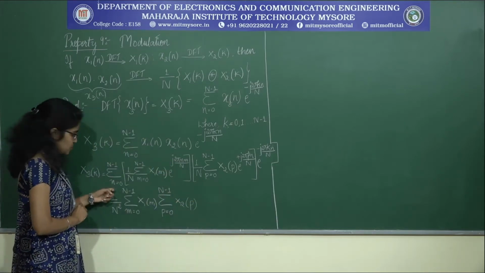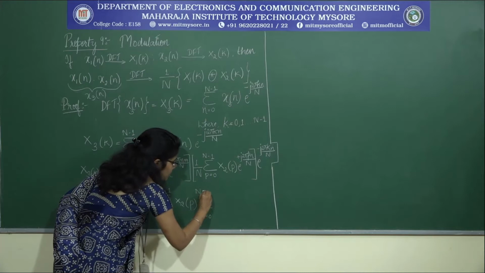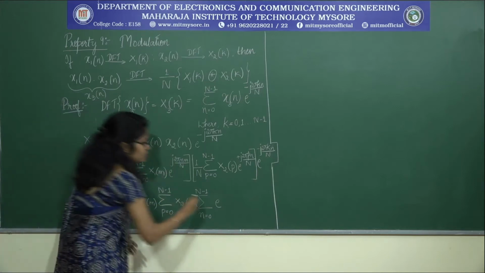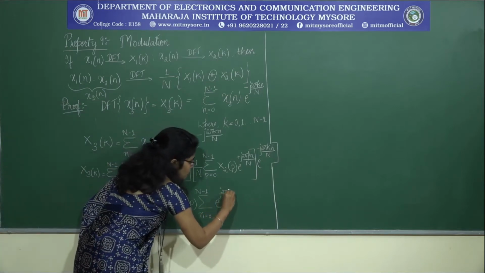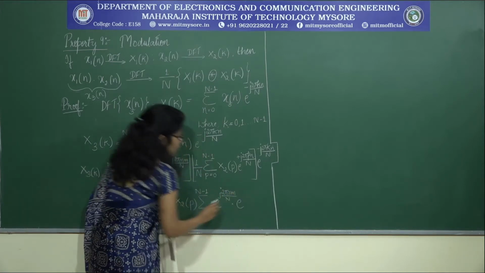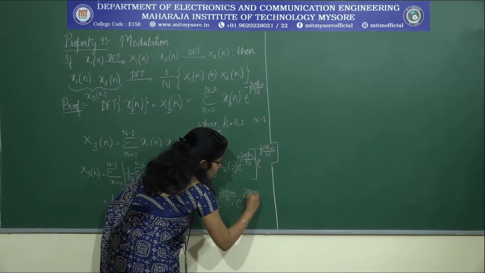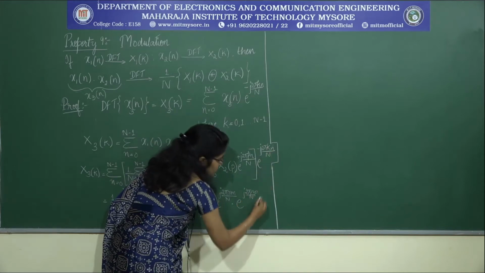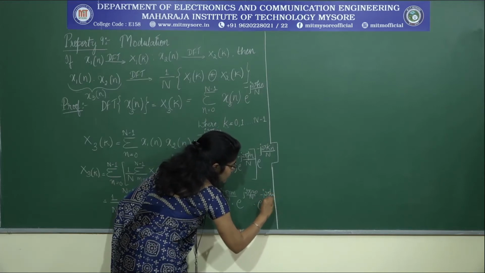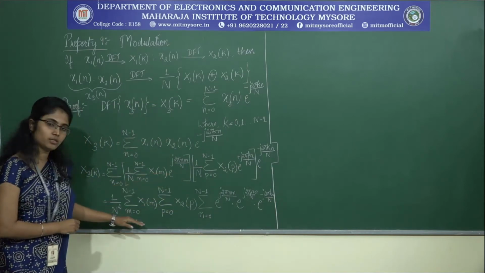Next I need to write the summation n ranges from 0 to N minus 1 into e power, what is the exponential power in the first term? It is j 2 pi n m by N, into e power j 2 pi n p by N, into the final term e power minus j 2 pi k n by N. So this is the equation after rearranging the summation.